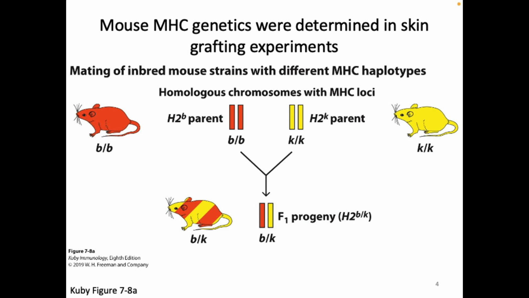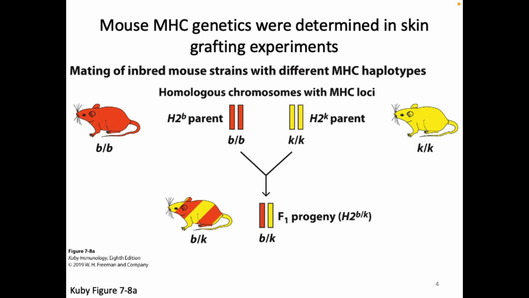And so here you can see the background of some of these mouse MHC experiments. These experimenters had 2 mouse strains that were true breeding mouse strains. You can see one is listed as orange, one is yellow.